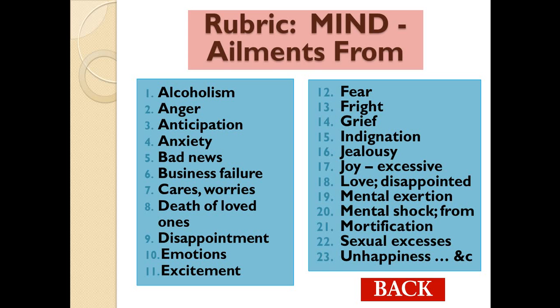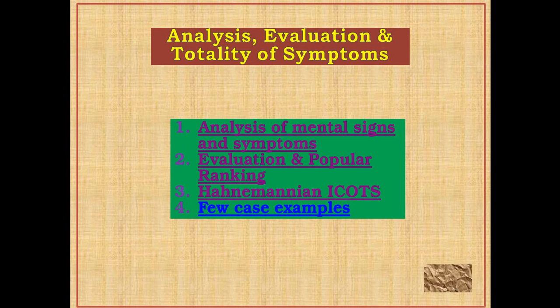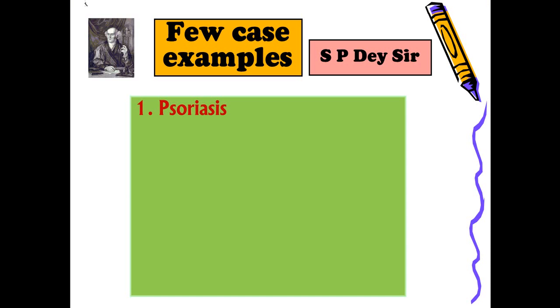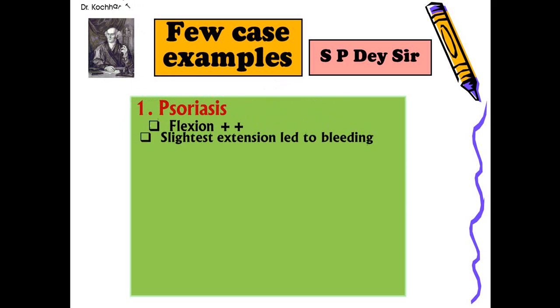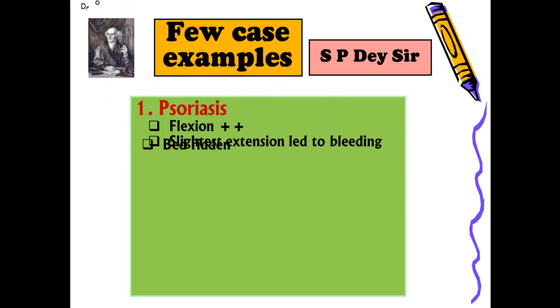If there are remedies out of that in bold, you can always remember some of them, but basically focus on them. Finally, a few case examples. Under these case examples, we have Dr. S.P. Dey's cases.